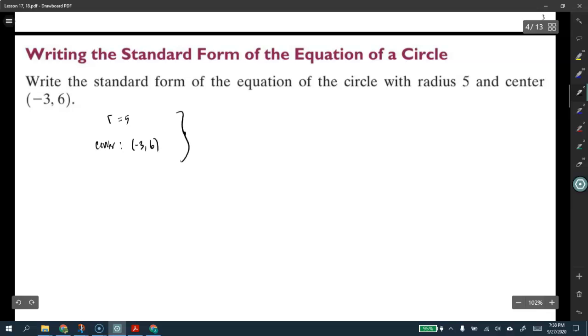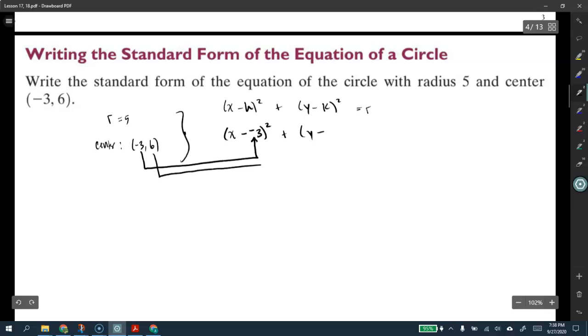So what we may do with this, knowing the equation of a circle is x minus h squared plus y minus k squared is equal to r squared, is go ahead and plug in the values of the center. The center is at h comma k, so that becomes x minus -3 squared plus y minus 6 squared, with the 6 going in the spot of the k, is equal to r squared.